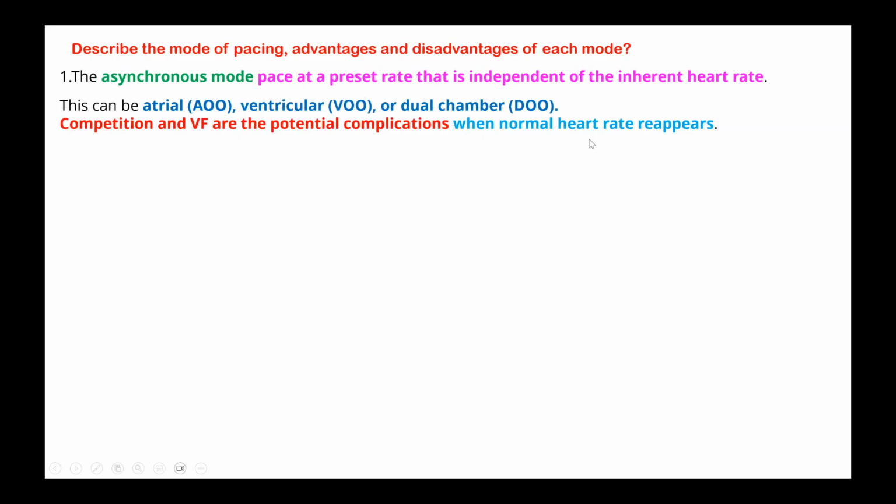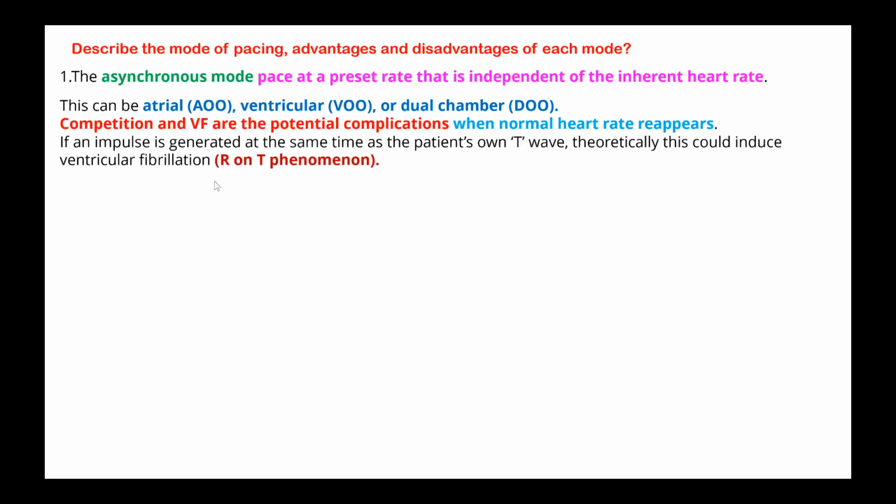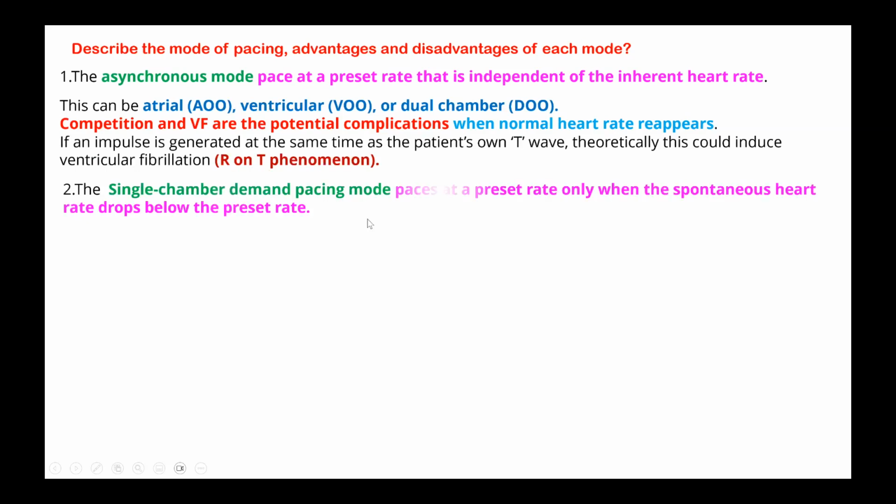But the majority of the time the program will be nicely sensed by the leads, and they will be able to adjust the rate and deliver the set rate properly. Sometimes an impulse is generated at the same time as the patient's own, what is called the R on T phenomenon. That is the only risk of this particular mode of stimulation.